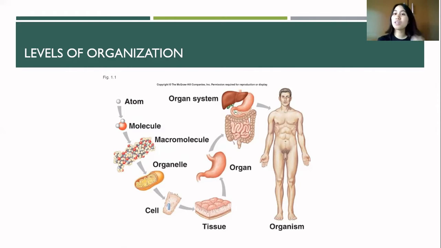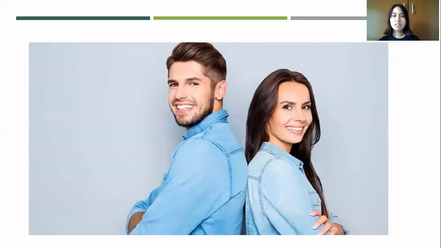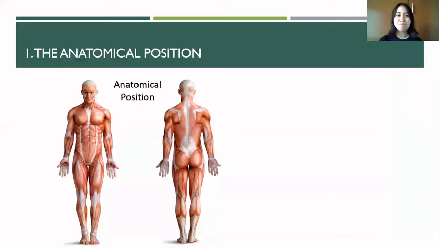And when all organs are compact and stay together, it becomes an organ system that makes us human, or that forms the organism. So that is why each and every one of us is very unique and very important to each other, because we are made of cells, we are made of tissues, we are made of organs, and of course the organ systems that build us up as a human. So we are all unique.